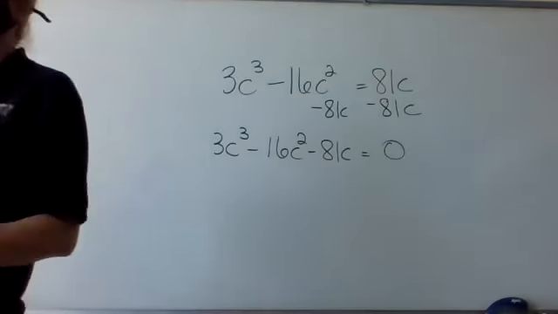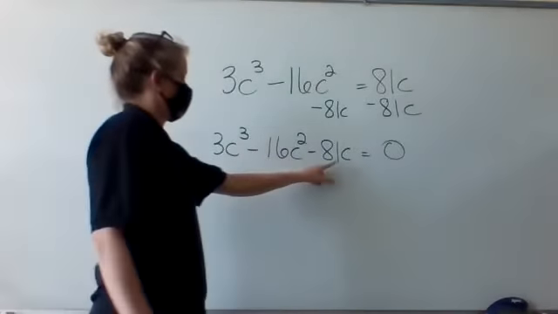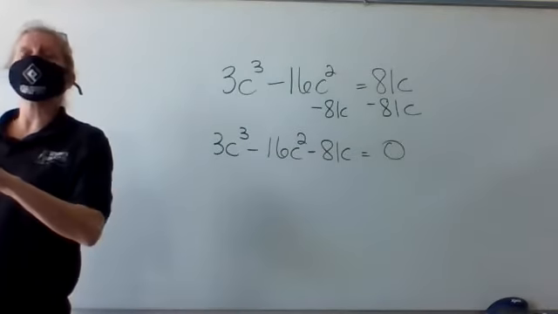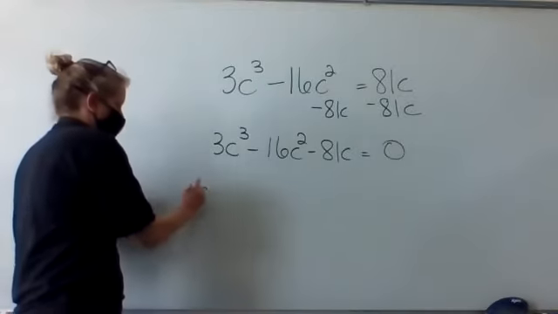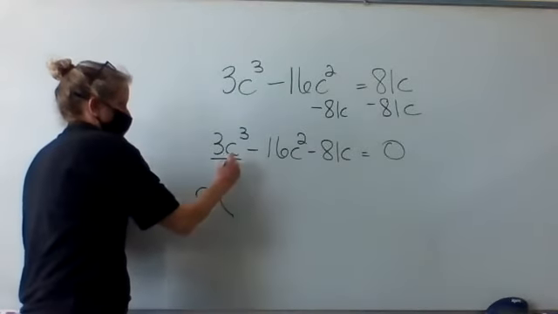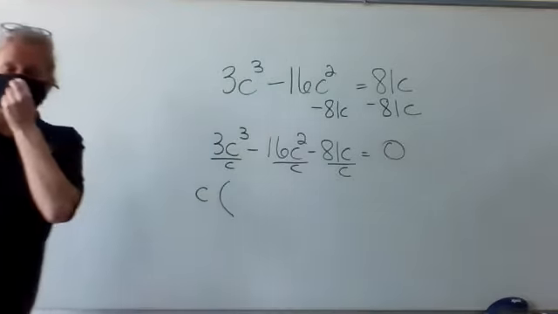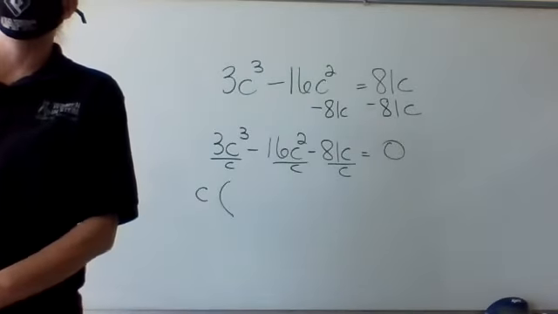It's still not quad, but what do all 3 of these terms have? C. They've all got a c. Pull the c out. That's going to be one of your factors. If I pull a c out, that means I'm dividing all these by c, so they're all just going to lose a c.